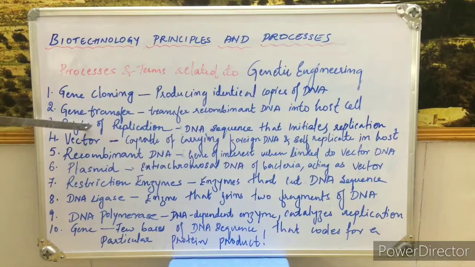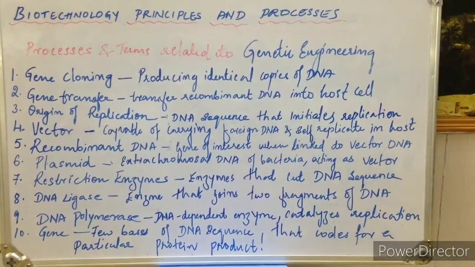Next, origin of replication. What is this origin of replication? Now, for example, in the human body, the DNA has to get replicated. If you have already studied the cell cycle and cell division, during the cell division process, the first thing happening is in the interphase, in the S phase.